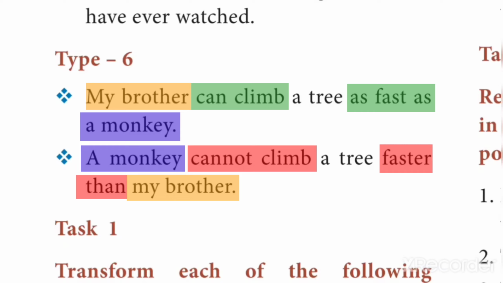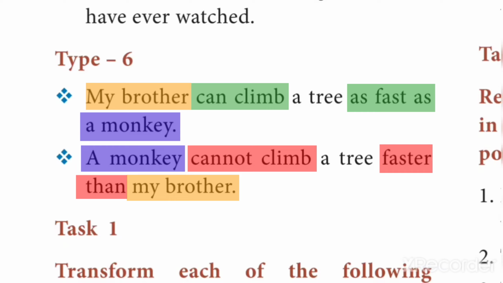Okay. Here it is in positive degree, because we find as fast as, and even the verb is can climb, so it is positive, and that is why we find the word as before the adjective in positive degree, fast. Next sentence. A monkey cannot climb a tree faster than my brother.